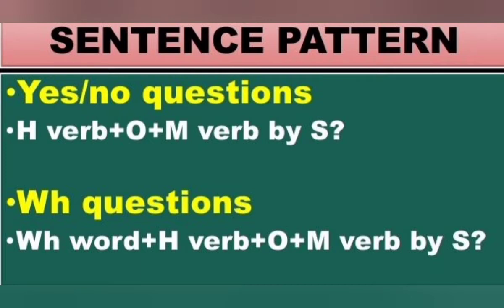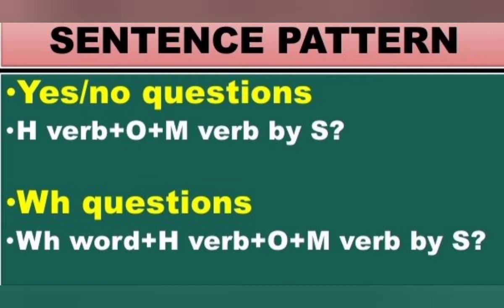Now let us see some sentence patterns, especially for yes or no questions. In passive voice, the sentence pattern becomes helping verb, object, main verb, by subject. So we know that usually the object is in the end and we take the object forward, but still because it is a question, the sentence begins with a helping verb.